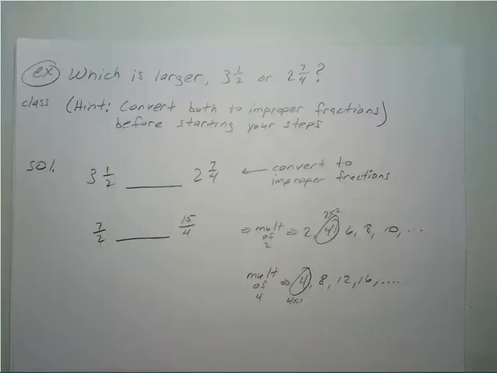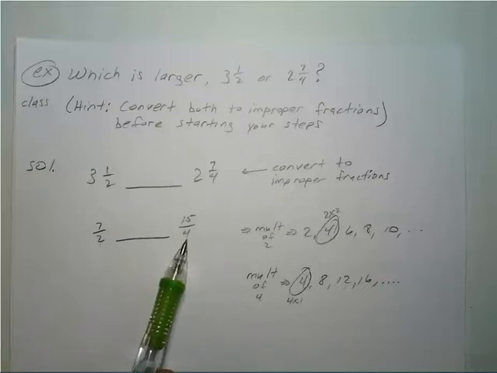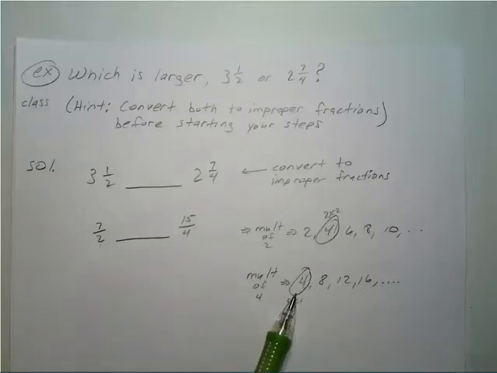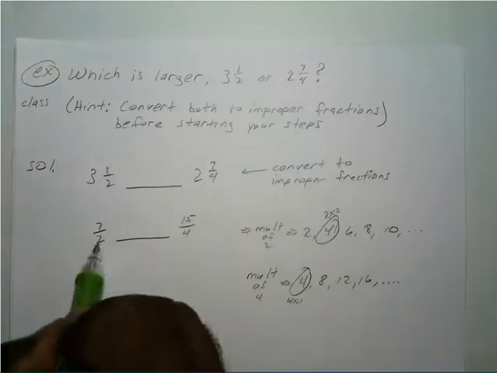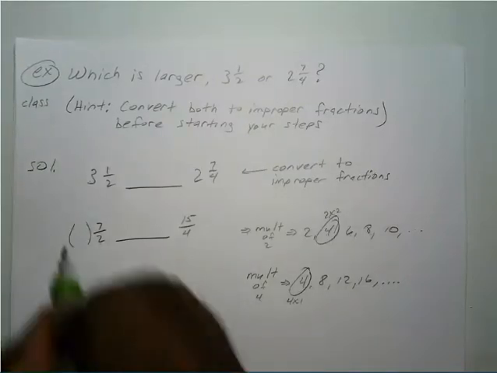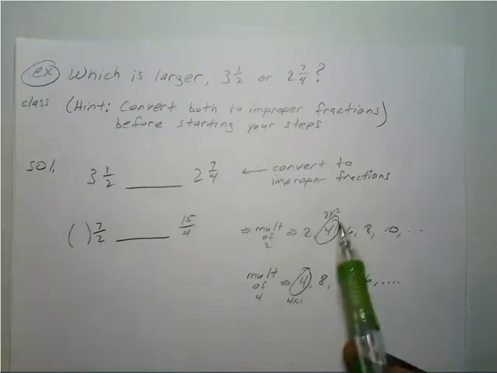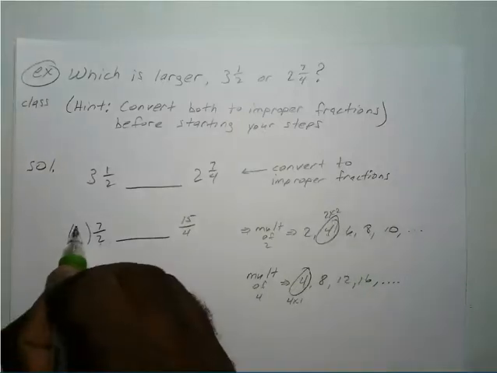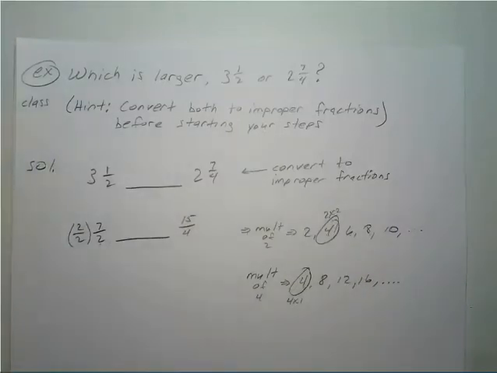All right, so that means we have to turn this into 4, which is already 4, so we're good there. And we also have to turn this into 4. We turn this into 4 by multiplying by 2, because you know that 2 times 2 is 4. So anything you do to the denominator, you have to do to the numerator.